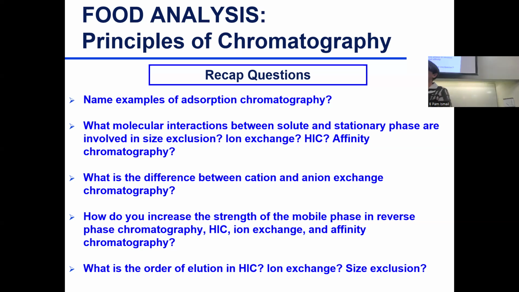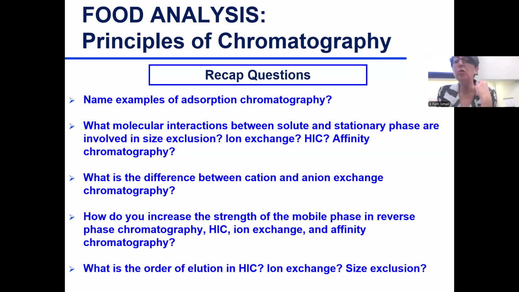Okay, now in ion exchange, it doesn't matter if it's positive or negative. What would come out first? Molecules with the least total charge. The least charge density, the least charged.